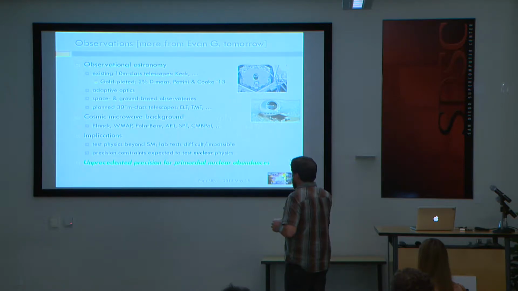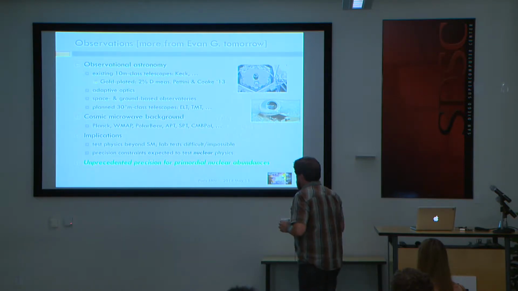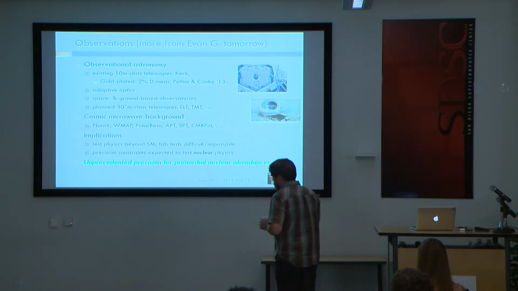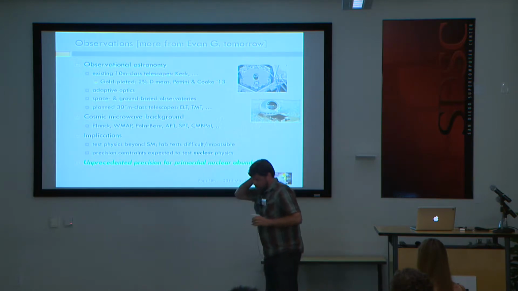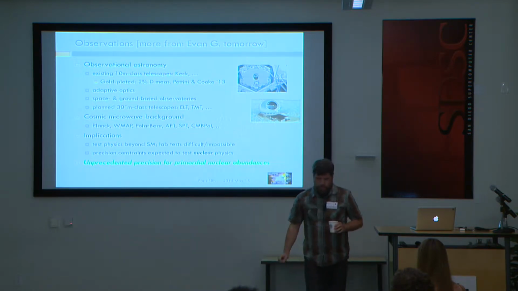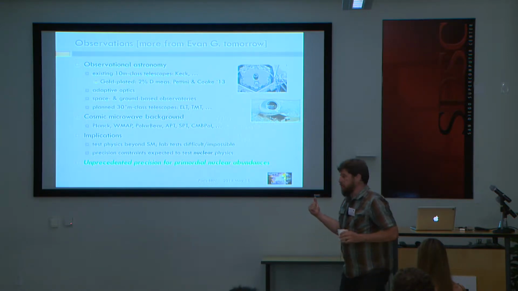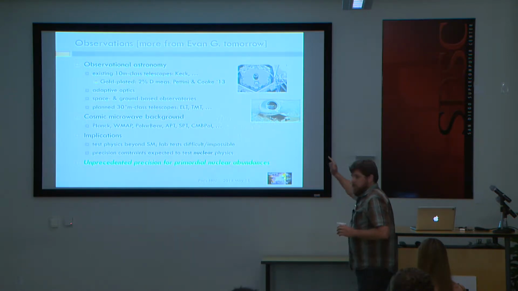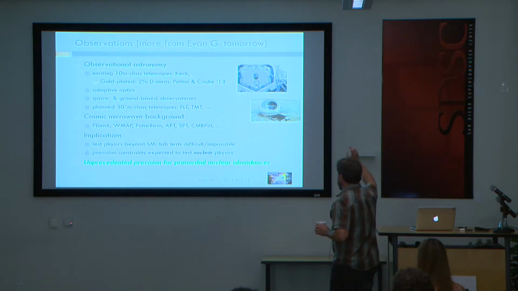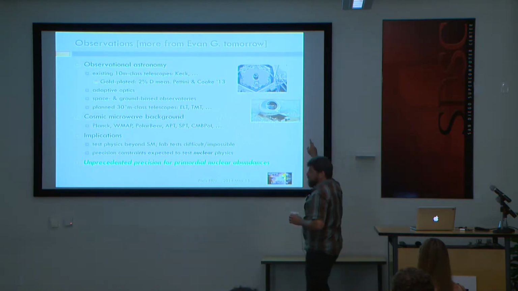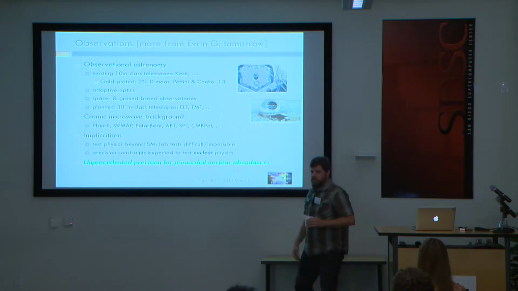You probably know that story. Space and ground-based observatories, and coming up within the next 10 years or so, first light should be had at some of these 30-meter class telescopes. The European Large Telescope, which is pictured here in an artist's conception, or maybe this is the TMT artist conception. Thank you.